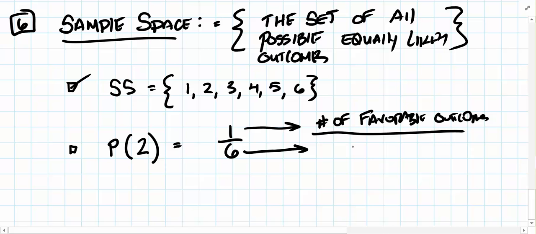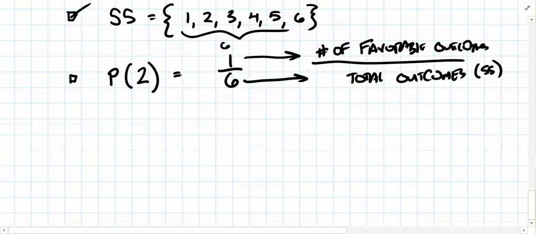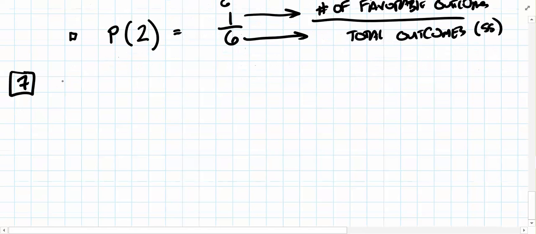Okay, so do you realize that the total outcomes is the same number as the number in our sample space, right? There are 6 elements in our sample space right there. So most people really understand the probability of rolling a 2 is 1 out of 6 because of this. And what they're stumbling upon is exactly what's known as theoretical probability.